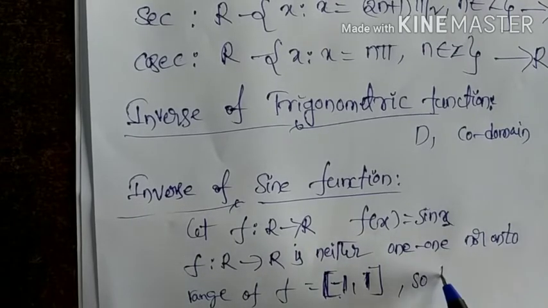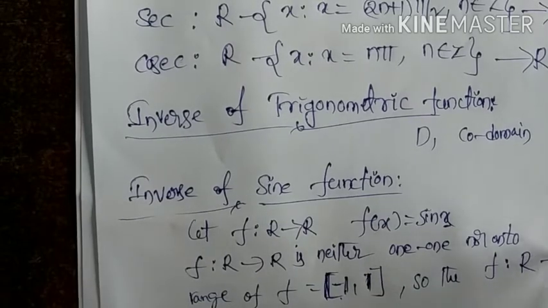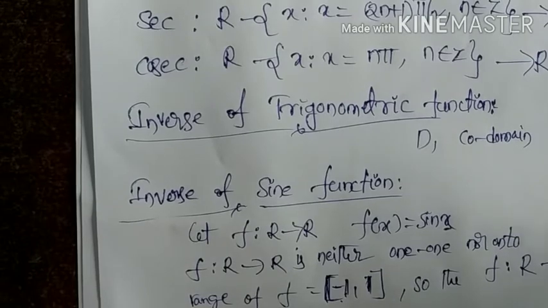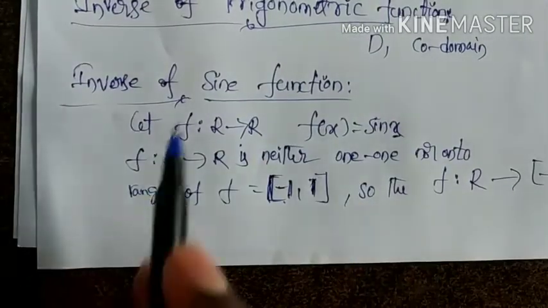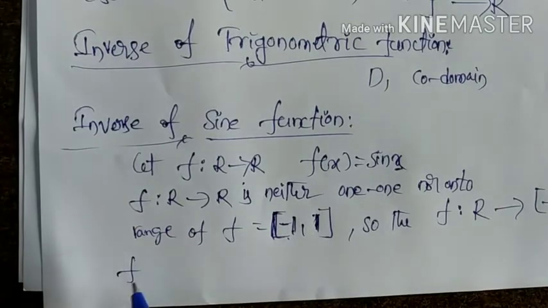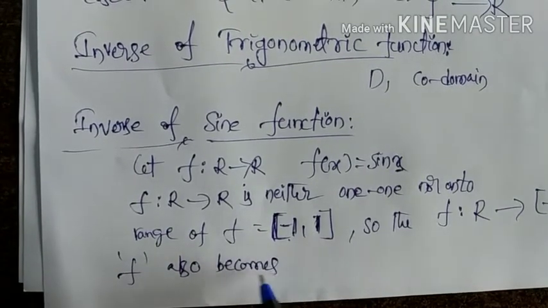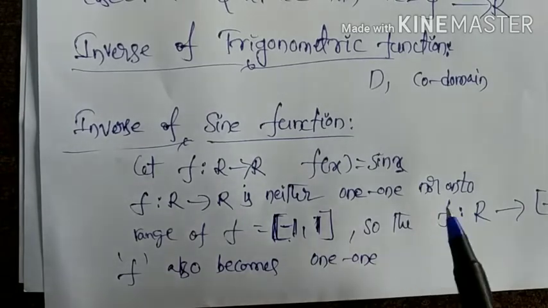So the function f from R to [-1, 1] is an onto function. Here f also becomes a one-one function if we restrict its domain to interval D.